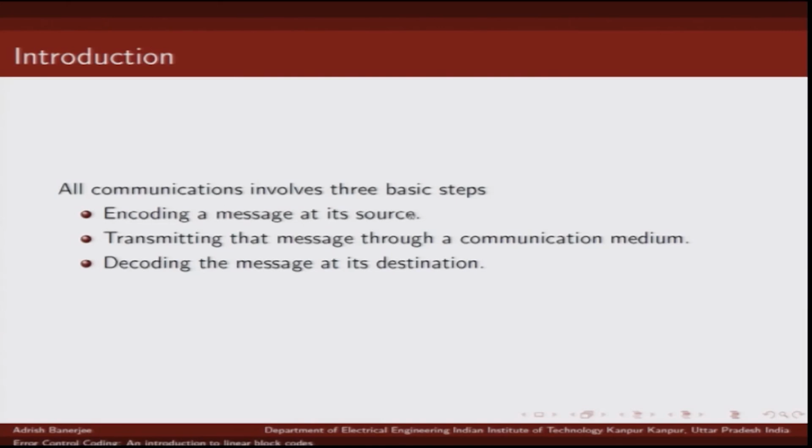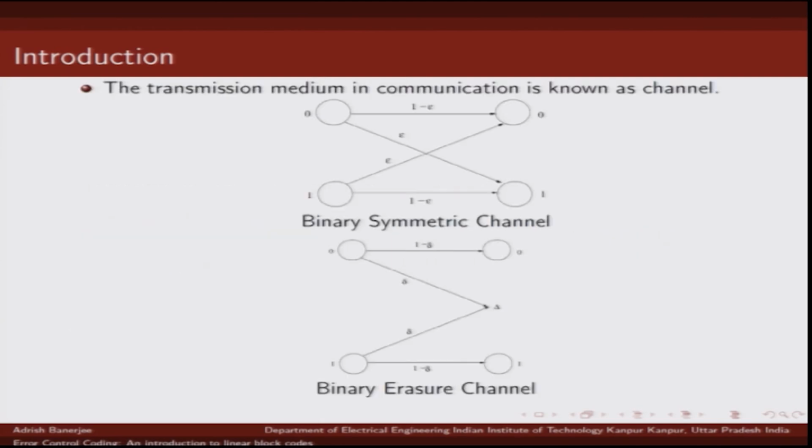So broadly, there are three steps involved in communication: encoding, transmission, and finally decoding. Information theory gives us fundamental limits on the best compression that we can achieve. It also gives us fundamental limits on the maximum transmission rate possible over a communication channel.